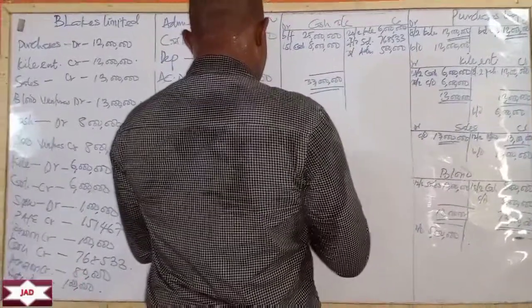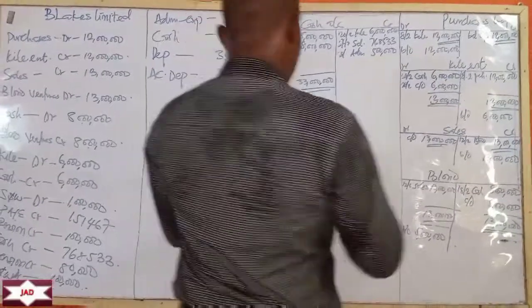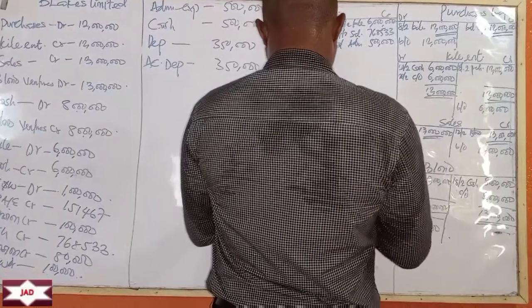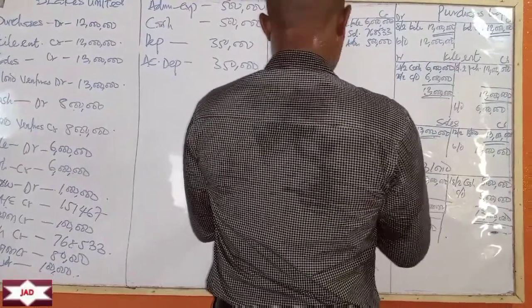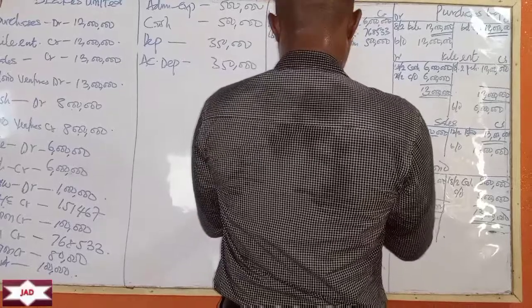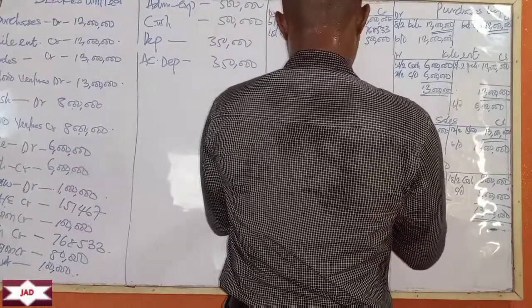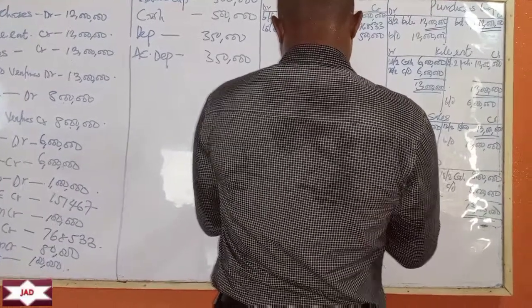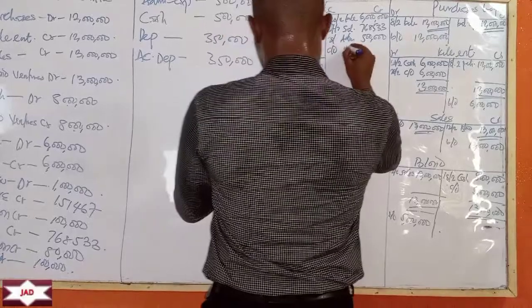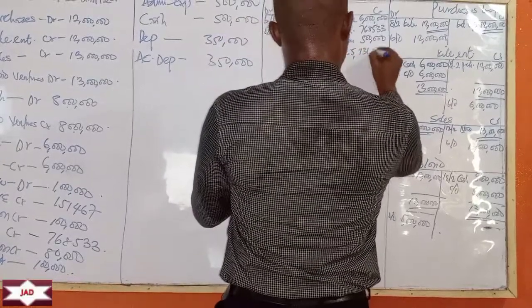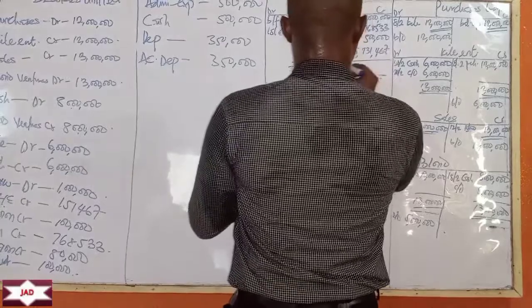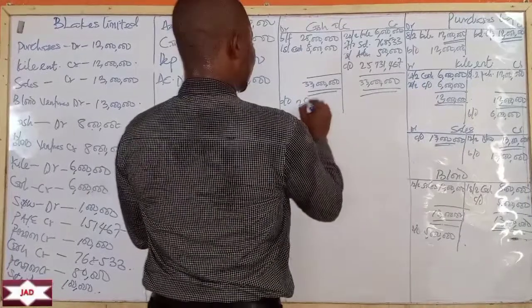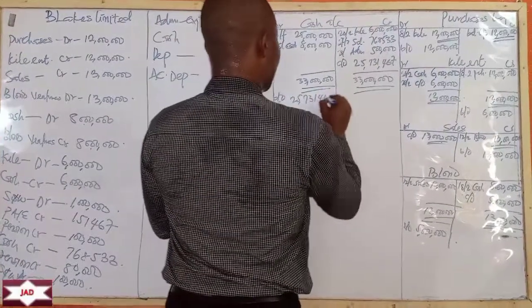Minus 6 million, minus 768,533, minus 500,000. So we have a carry down of 25,731,467. So it becomes 33 million. So you have a brought down of 25,731,467.